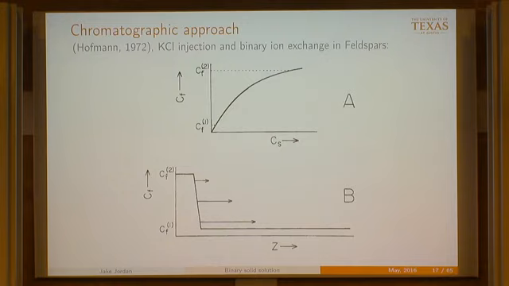And we're not the first people to think of using chromatography as an analogy for some geologic process. This is Hoffman, 1972, and this is an injection of some KCl to induce ion exchange in feldspars, just theoretically.